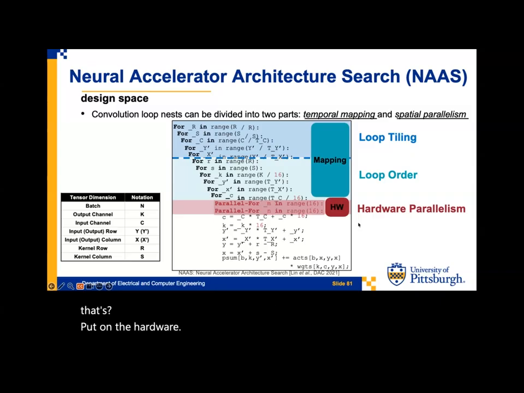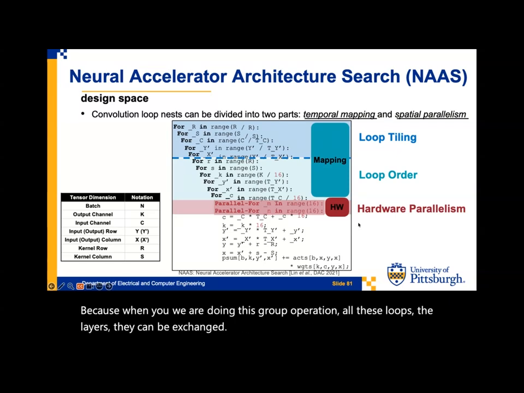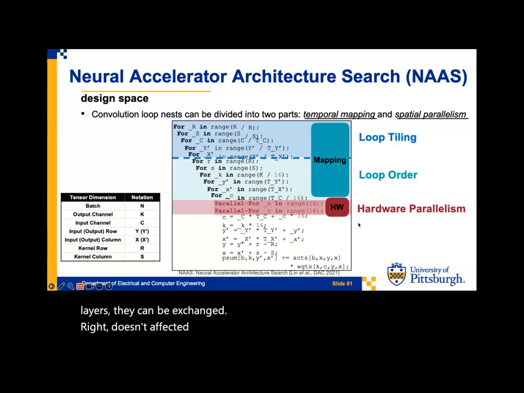Because when we are doing this loop operation, all these loops, the layers, can be exchanged. It doesn't affect the correctness of this nested loop.